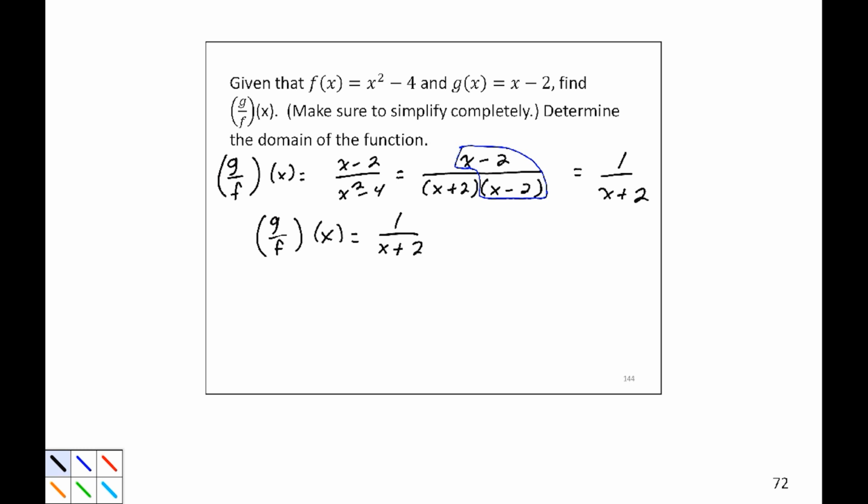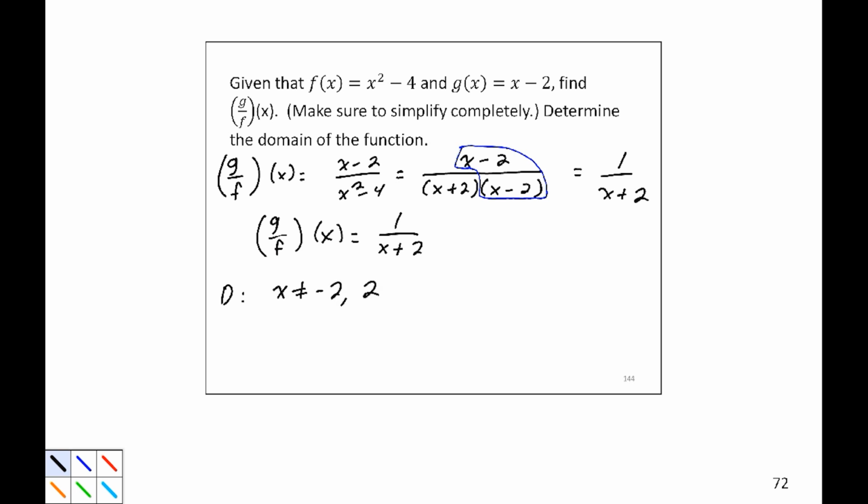But for our domain, what we'll do is determine what would make the denominator 0 in the unsimplified form. Well, that would mean where x squared minus 4 is equal to 0 is not included. Well, x squared minus 4, we know from our factoring, is x plus 2 and x minus 2. That's going to be 0 whenever x is negative 2 or x is positive 2. I'm going to write that as x is not equal to negative 2 or positive 2.